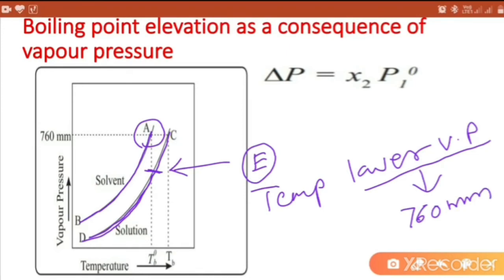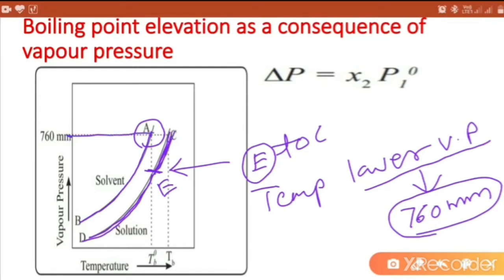To maintain 760 mm, this vapor pressure is increased from E to C and intersects the 760 mm pressure line, obtaining TB as the boiling point of solution.